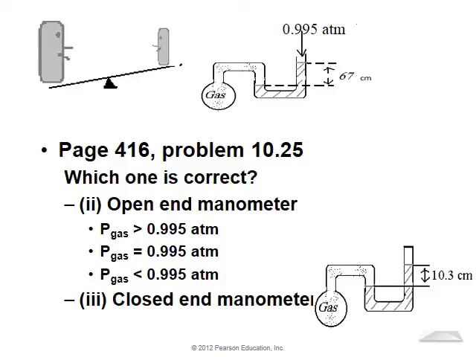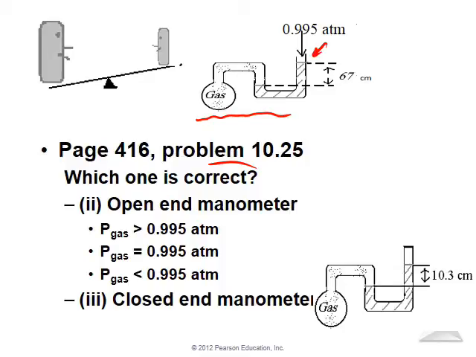Now let's go over a problem from the book, which is problem number 25, page 416. In problem number 24, I'm going to do part 2 and part 3. Part 2 is on an open-end manometer. So this is basically a manometer, and this side is open to atmosphere.